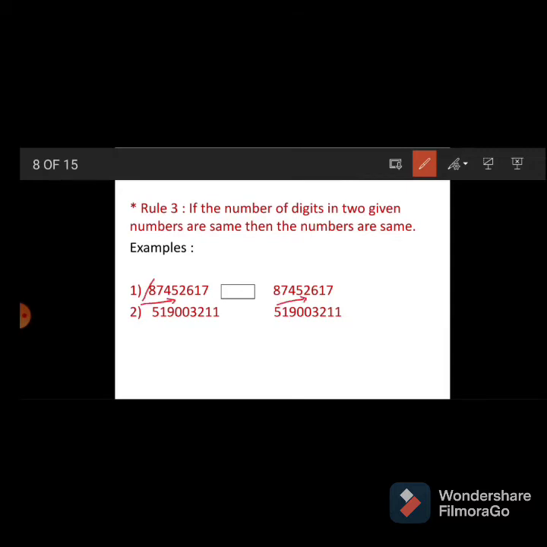See first 8 8, 7 7, 4 4, 5 5, 2 2, 6 6, 1 1, 7 7, which means both digits in these two numbers are the same, so these two numbers are equal. And this is the third rule.